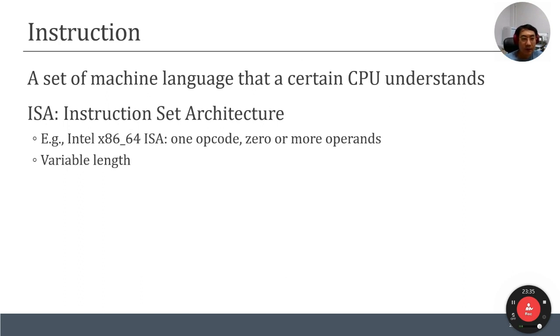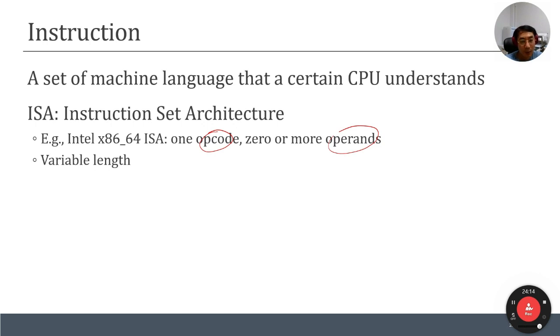An instruction is defined in a set of machine language for a certain CPU. And the instruction set architecture, or ISA, has predefined these machine instructions. For example, the Intel x86 instruction set architecture has two different parts. One is opcode and the other one is operands.